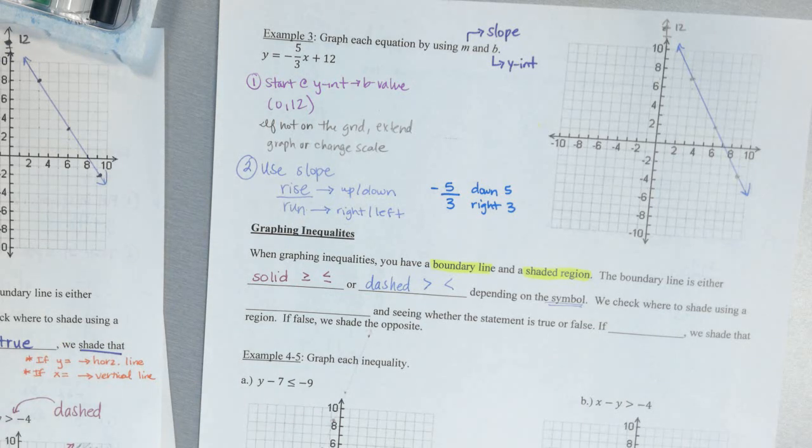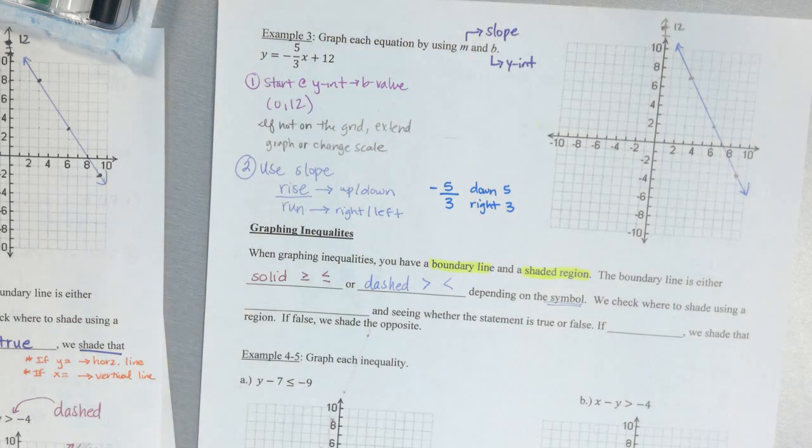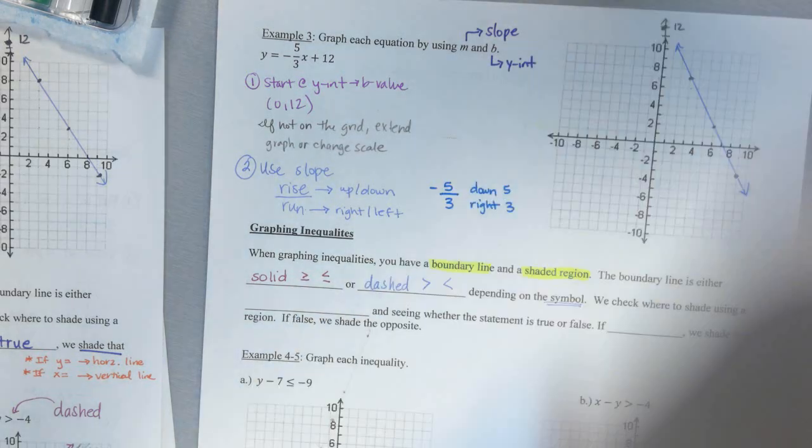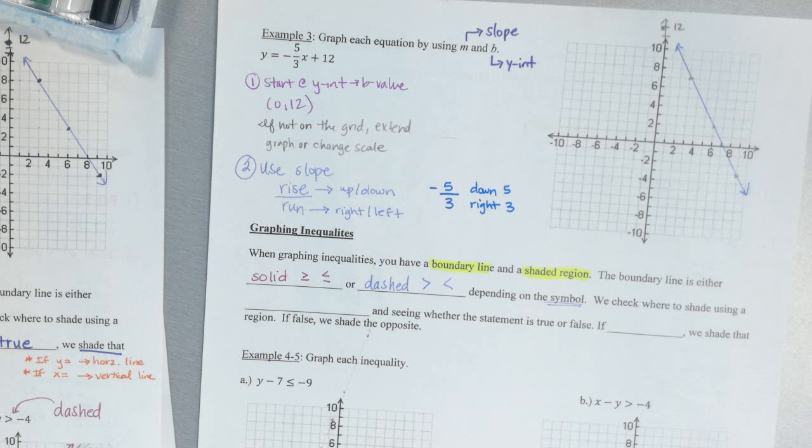Can any of you tell me why inequalities have shaded regions and just the linear equations don't? So why do we have to shade somewhere? The shading represents all of the values that fit the definitions. Yes, okay, so when you have an inequality, there's more than one value, right?